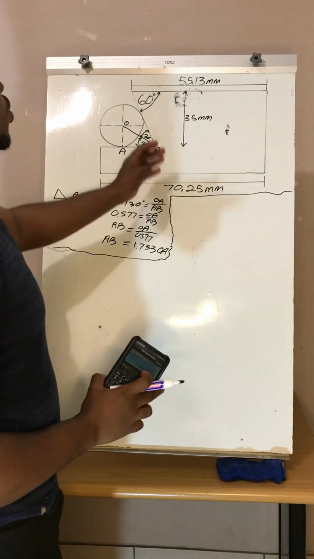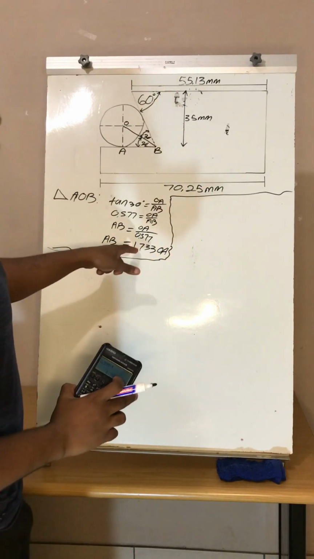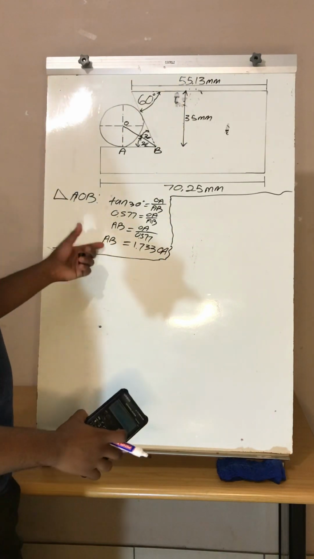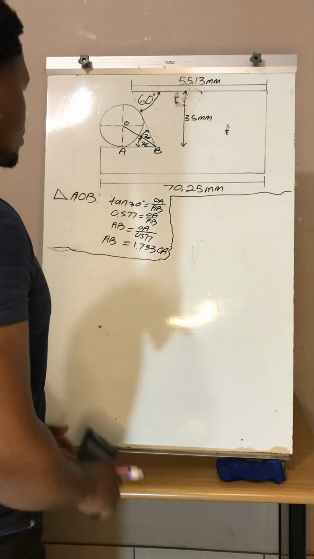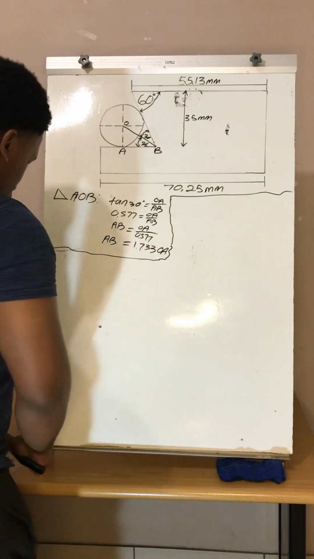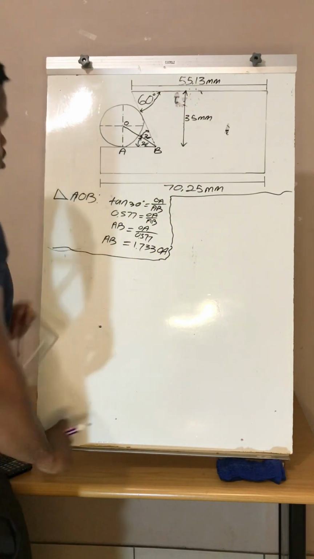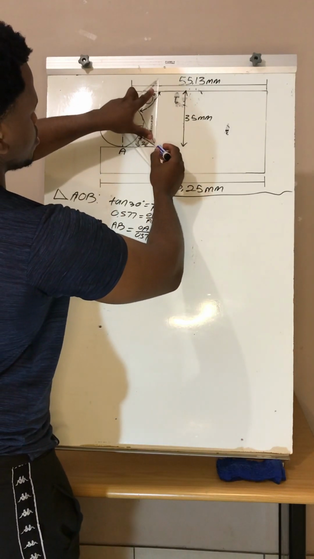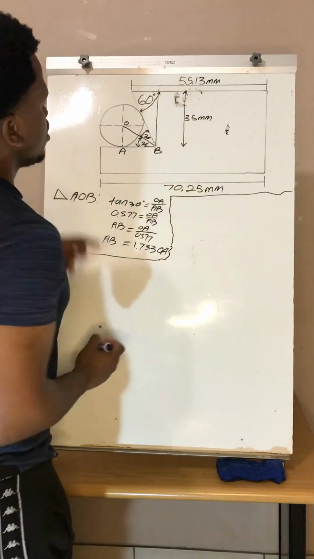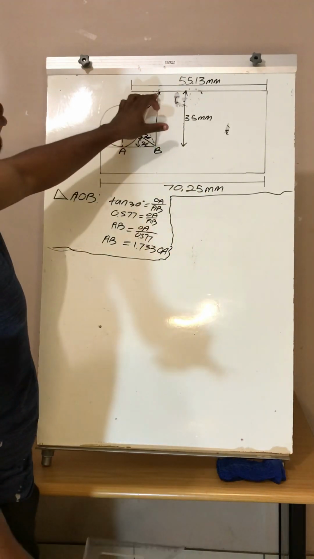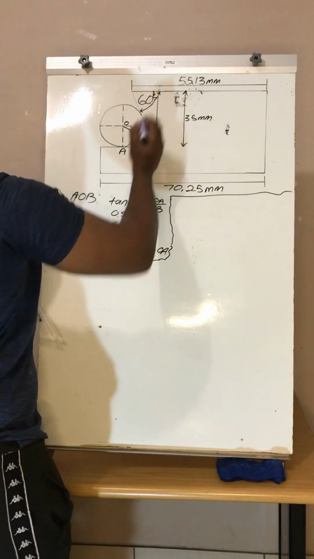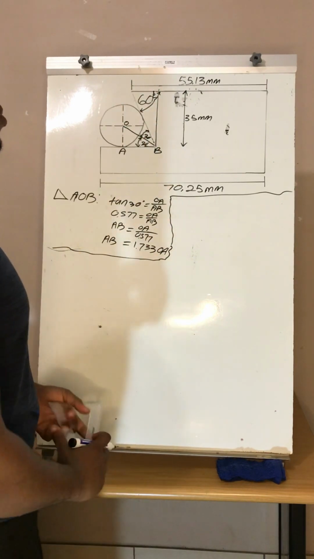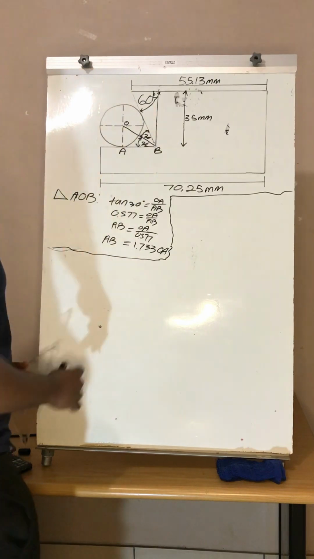Now we can come to this side, because here we can't continue any further until we get the value of OA or AB. So we have a triangle again here. If you do this, you will have a triangle. You see it? It will be a right angled triangle, 90, 60, meaning that here is also 30.